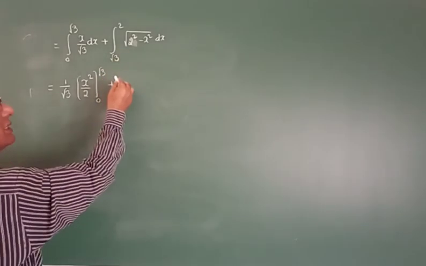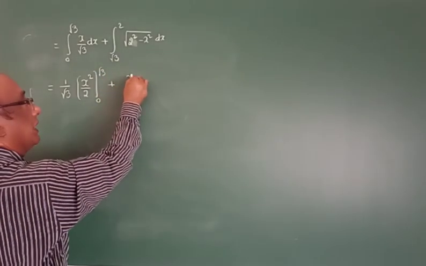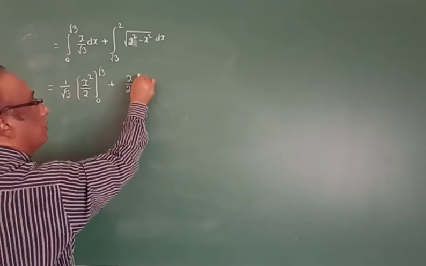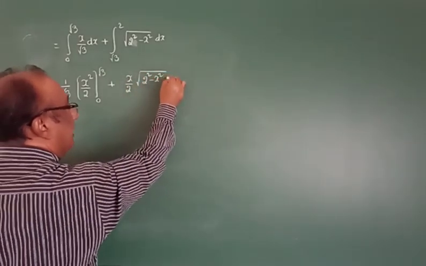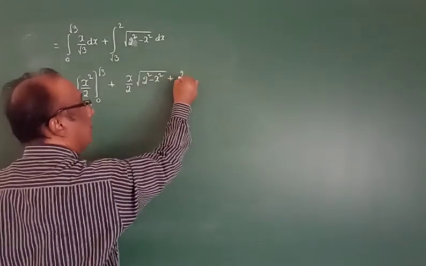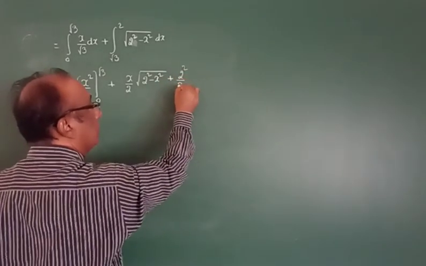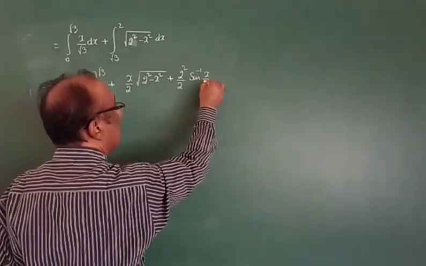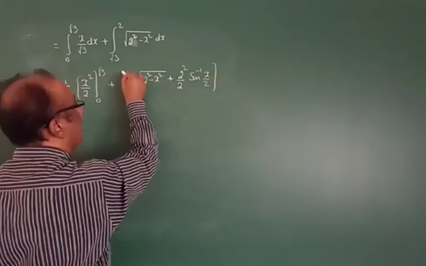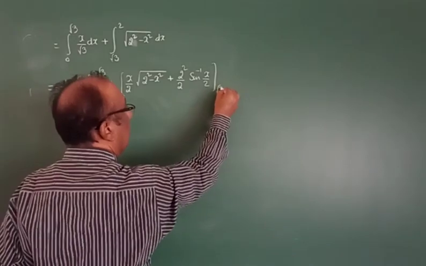Plus, this is the formula: x by 2 root over 2 square minus x square plus a square by 2, 2 square by 2, sin inverse of x by a, x by 2, limits are root 3 to 2.